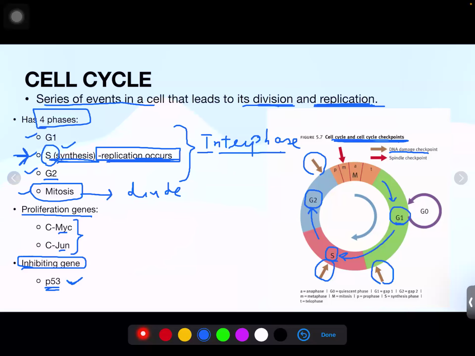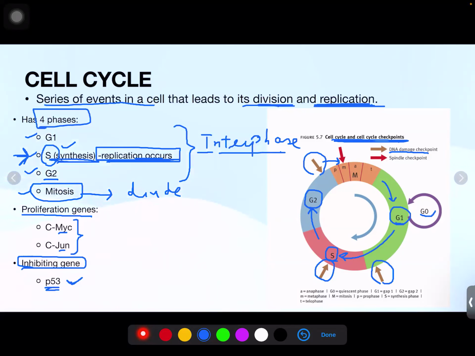What do they do? If the DNA is wrongly replicated, if there is some mutation or error in the DNA replication, the cell will not go into mitosis. The cell will go to apoptosis, so that the mismatched genes and cells do not enter the division phase. So these checkpoints are very important for cell growth.